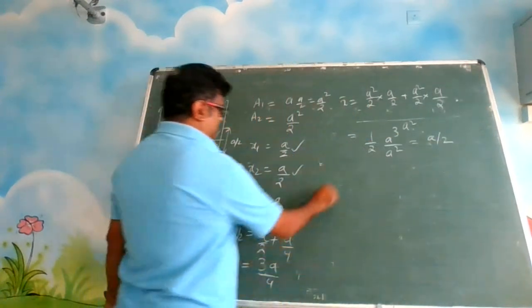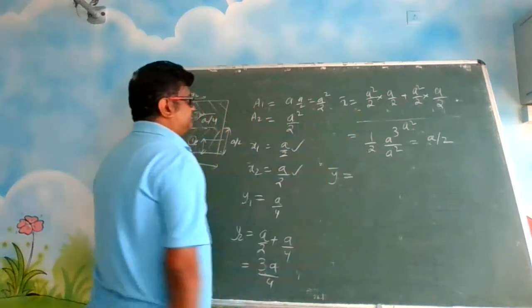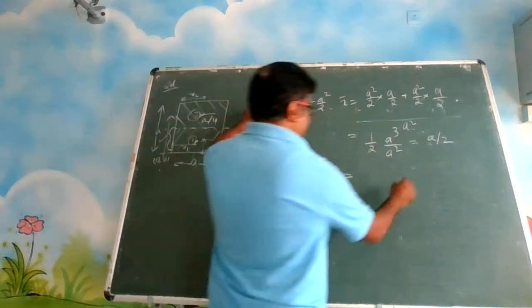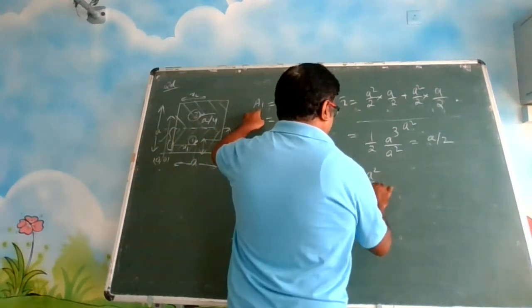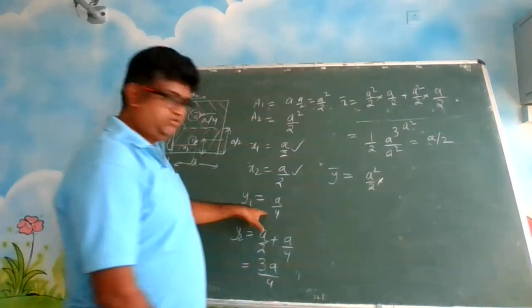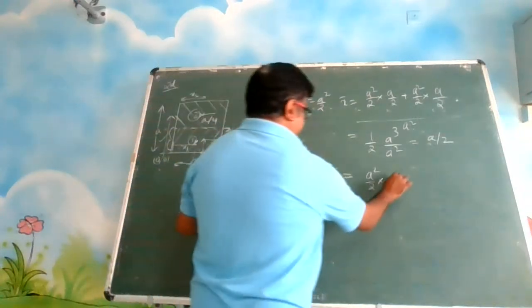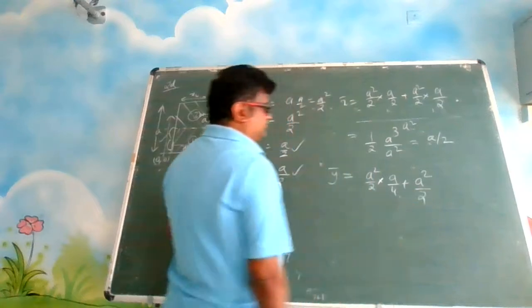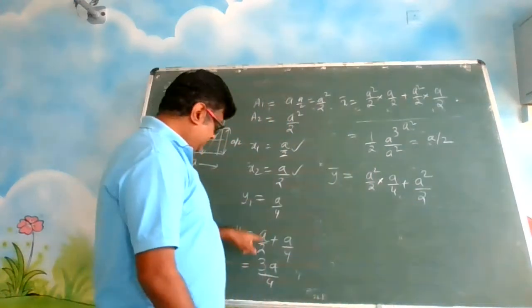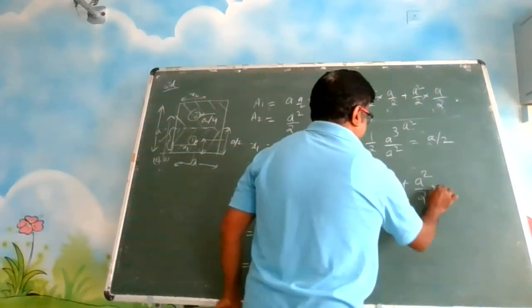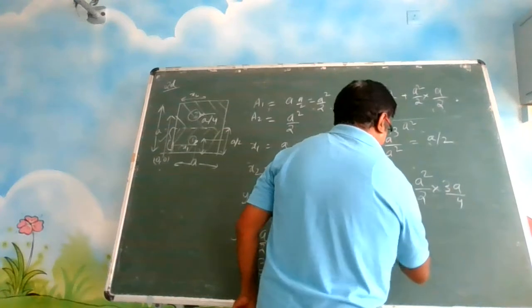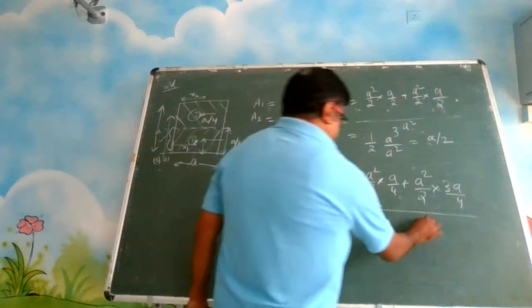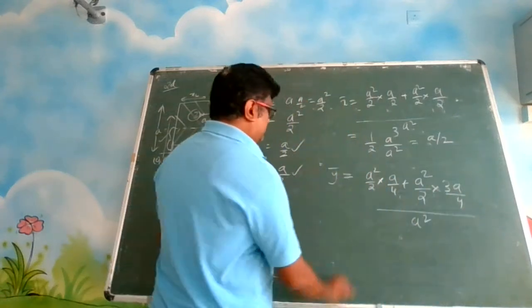Now let us see the y bar. Y bar, when you take a1, is A square by 2 into y1. What is y1? A by 4, plus a2. A2 is also A square by 2 into 3A by 4, divided by total area a1 plus a2. It is A square, right?